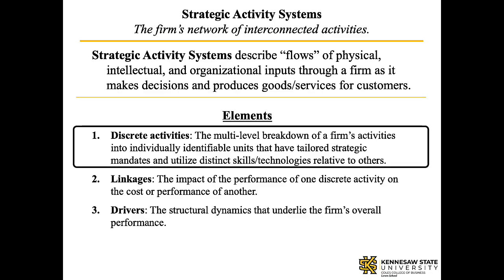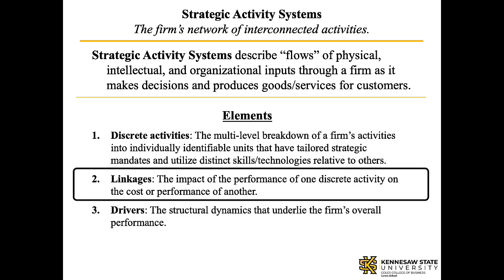Discrete activities break a firm down into specific activities or separate activities that require different skill sets and specialized technologies and physical resources. The intention is to fully understand the strengths and weaknesses of each activity. Notice that benchmarking fits right in here. Linkages can be defined as the impact of the performance of one discrete activity on the performance of another.